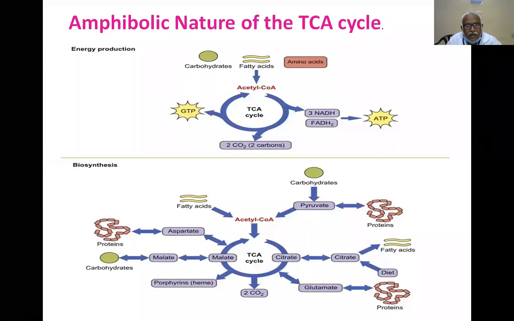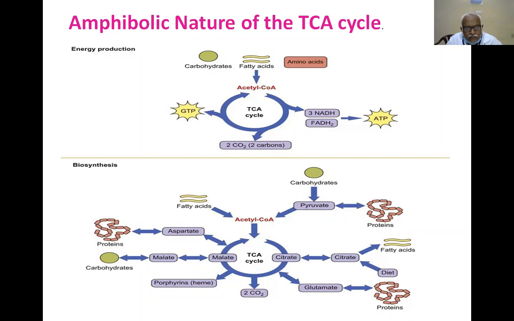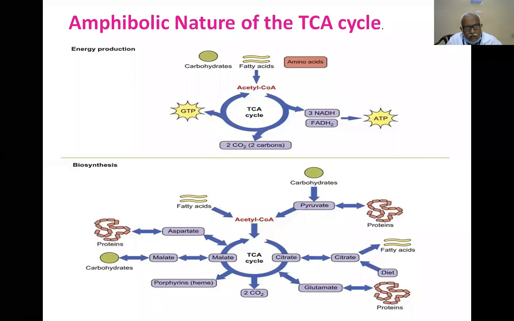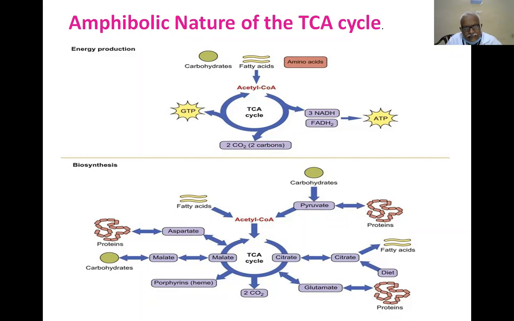It's the ultimate common pathway for production of energy. Whatever we eat, whether it is carbohydrates, or fatty acids, or amino acids, everything will enter the TCA cycle, and the common entry point is acetyl-CoA. From there it will generate NADH and FADH2, and from them ATP is produced. And finally, GTP also will be produced.